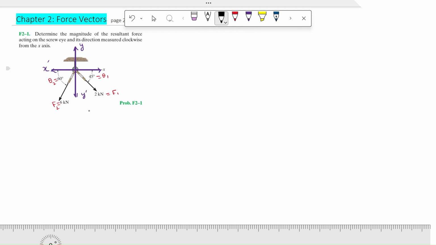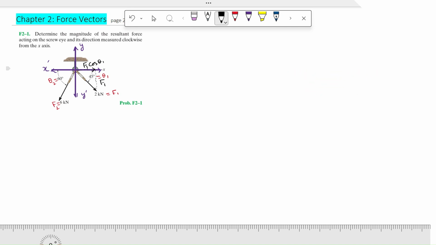So we have F1. I will be resolving this into the x component and y component. From simple geometry, the x component will be F1 cos theta 1, using the Pythagorean theorem or trigonometric ratios like cos theta, sin theta, tan theta.